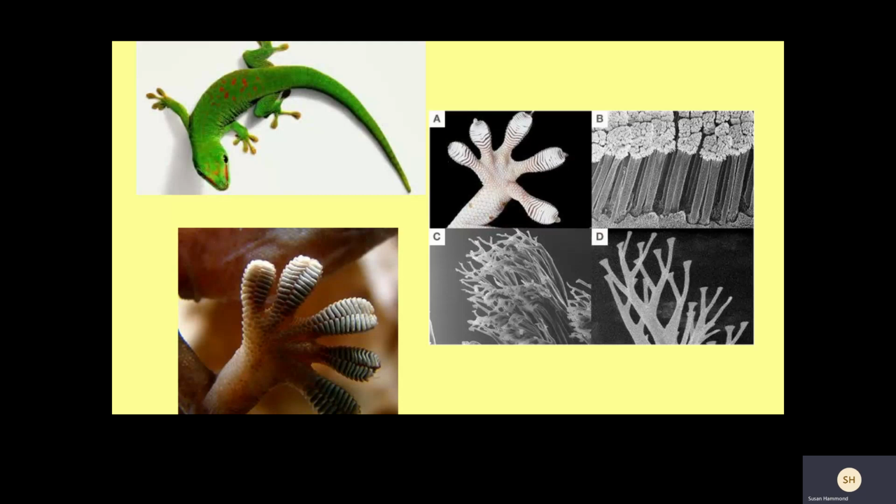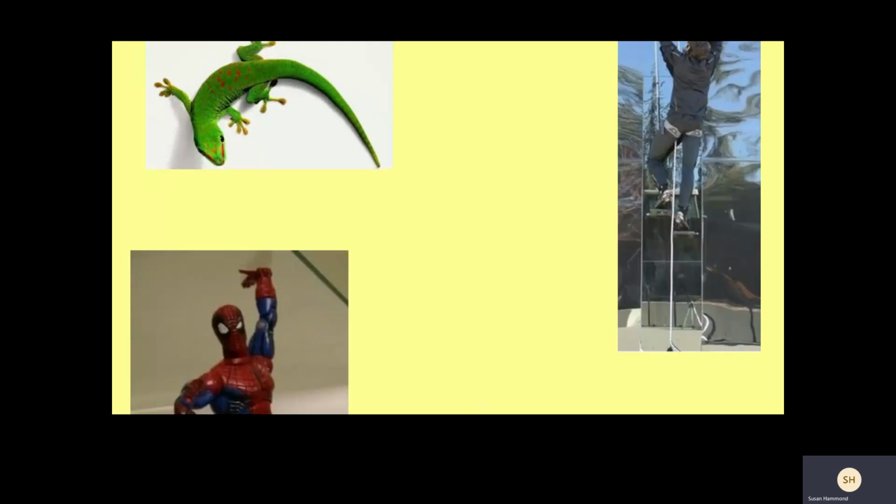And this has got such an enormous surface area that van der Waals forces come into play. And the gecko is actually sticking on with these van der Waals forces that are just the movement of electrons. So the next step, once scientists worked out that that's what was going on, was to try and mimic it.